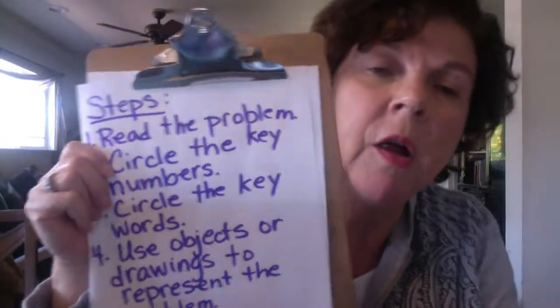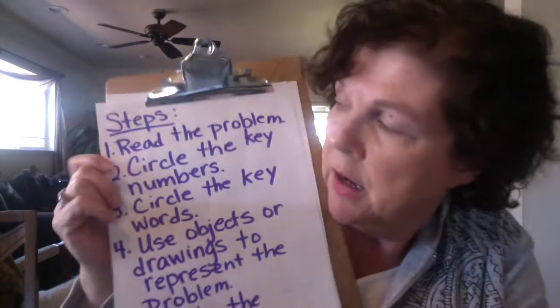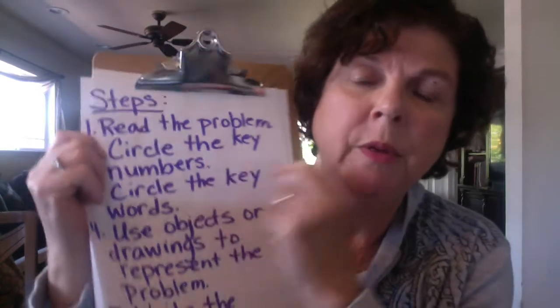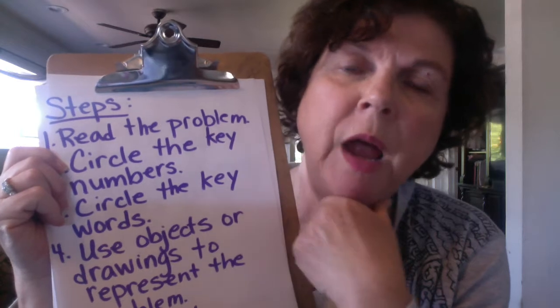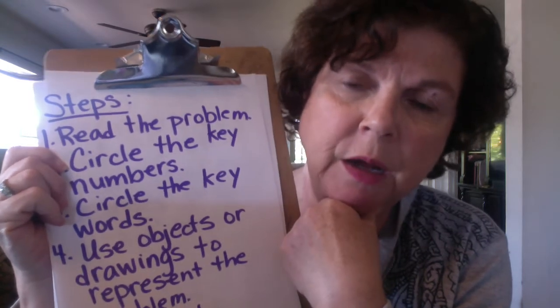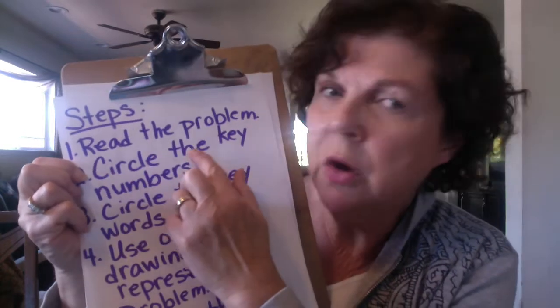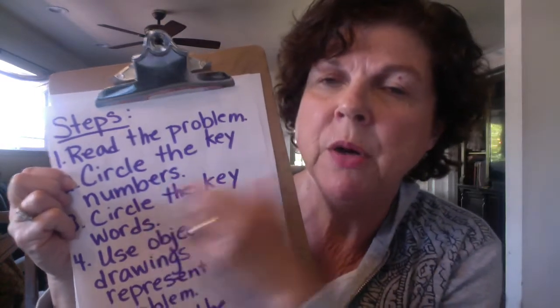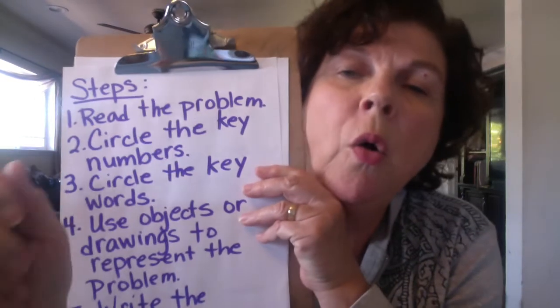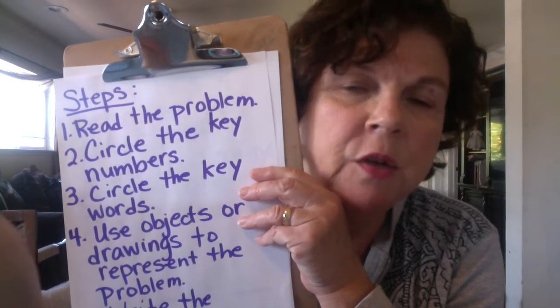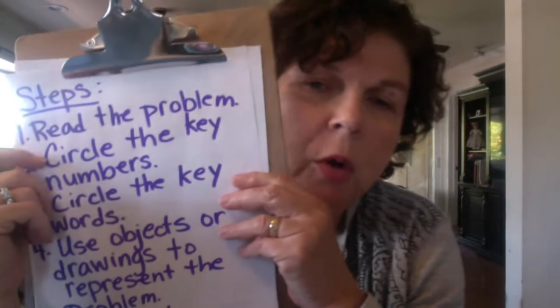Okay, all right, number 1, read the problem. You need to read the problem or have someone help you read it if you cannot read it yourself. Number 2, circle the key numbers. Or if you want to use a crayon, you can highlight it with like a yellow or orange.